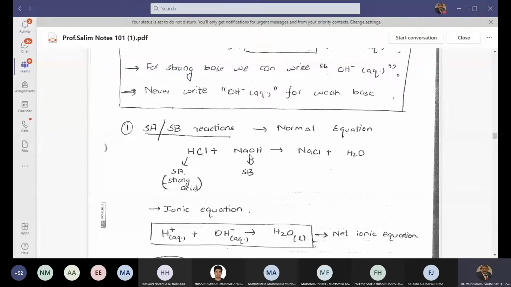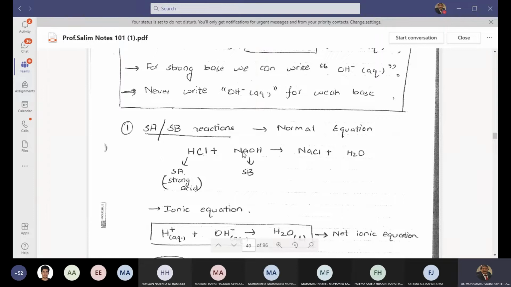Strong bases, I have LiOH, NaOH, KOH, calcium hydroxide, strontium hydroxide, and barium hydroxide. I can take any base I want. You have heard this from your high school.